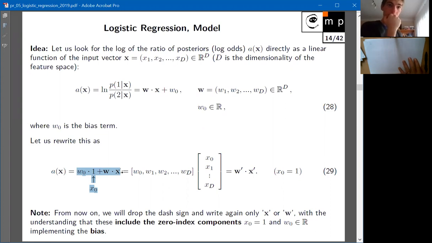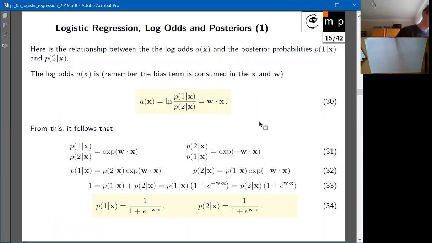I spoke about it as linear, but technically speaking, linear is what you see on the right side of 29 in these dashed coordinates, where we add one fixed measurement. So we include a 0 index component with a fake measurement 1, and then we can say it's linear in this new space. This just simplifies our notation. Okay, so now let's see what this means.